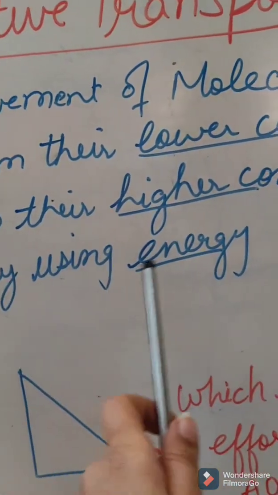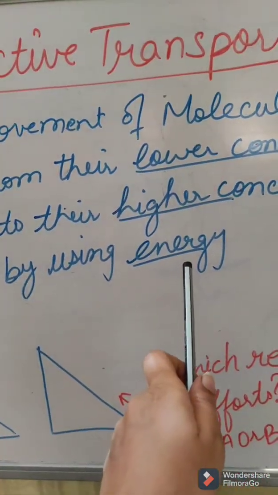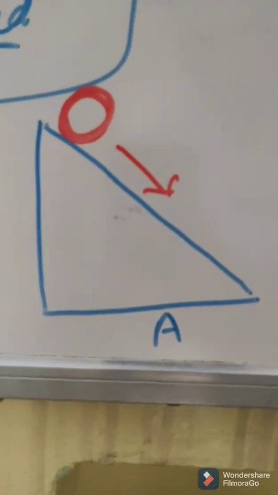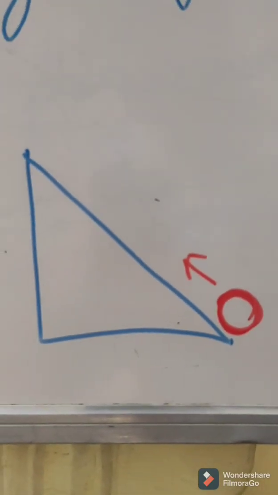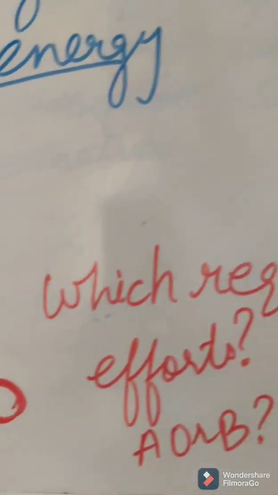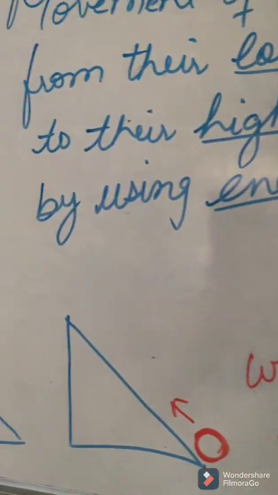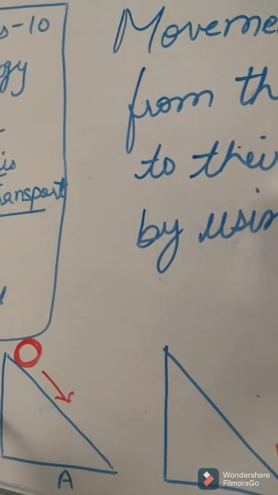Here you can see we have setup A and B. These are ramps, ramp A and ramp B. We have a red ball. In setup A, the ball has to move downward. In setup B, the ball has to move upward.